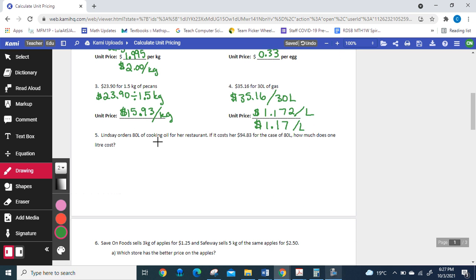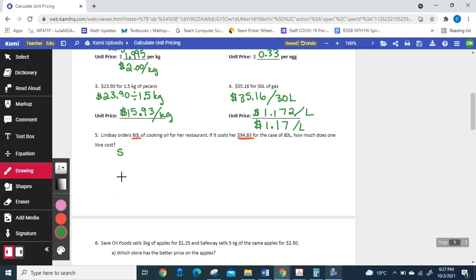Lindsay orders 80 liters of cooking oil for her restaurant. If it costs her $94.83 for the case of 80 liters, how much does 1 liter cost? So we've got to pick out our information here. So we've got 80 liters and we've got our $94.83. So let's calculate that out.